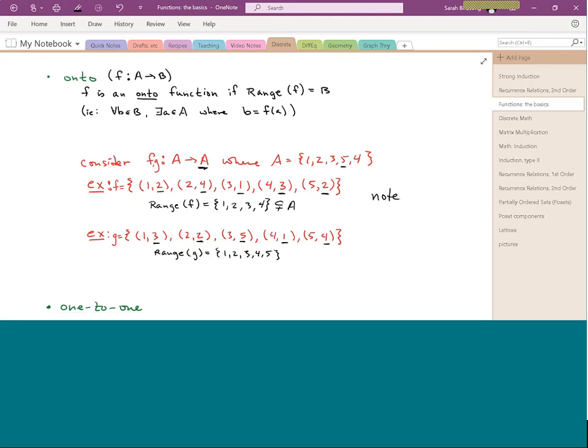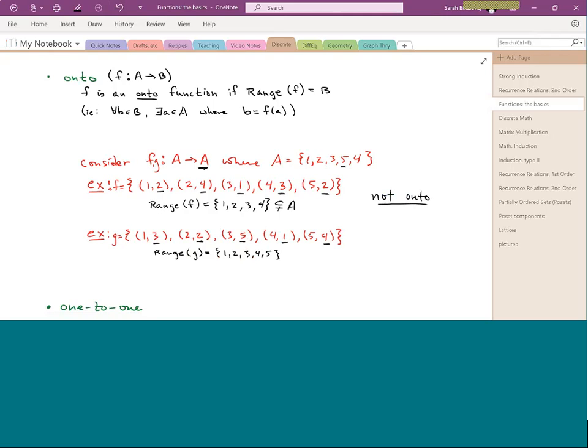Is function g onto? Only got 2 possibilities of an answer, yes or no.